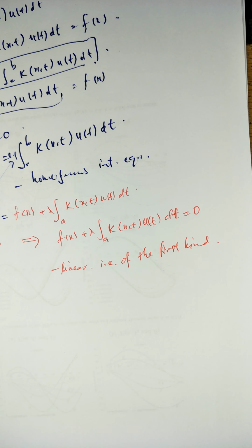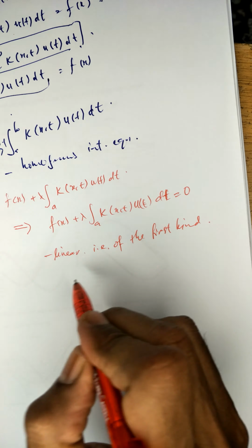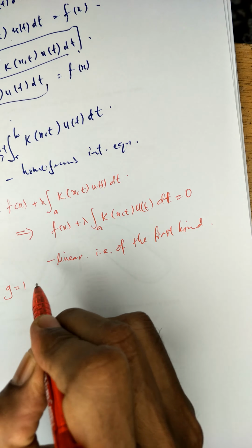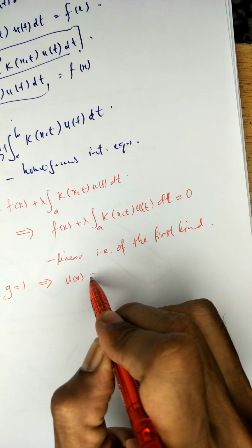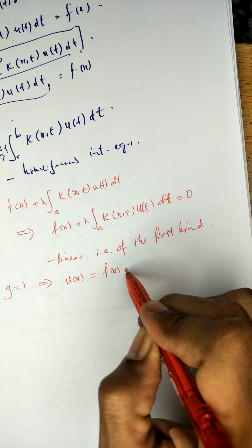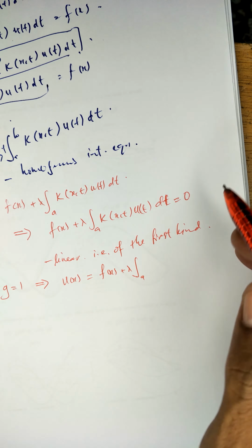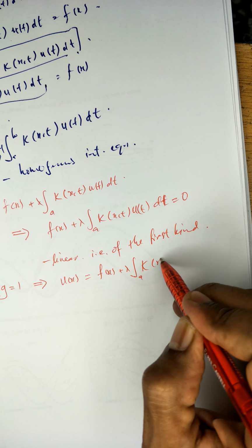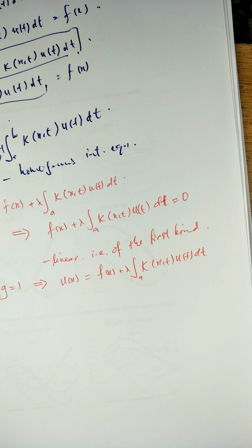Then if you consider g equal to 1, the integral equation becomes u(x) equal to f(x) plus lambda times the integral from a to some upper limit of k(x,t) u(t) dt.